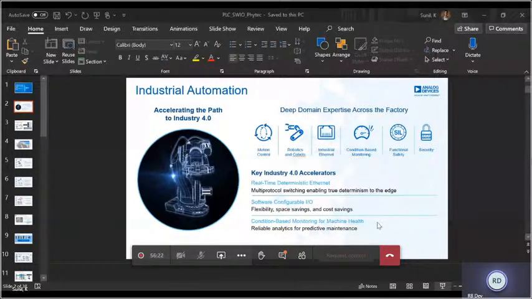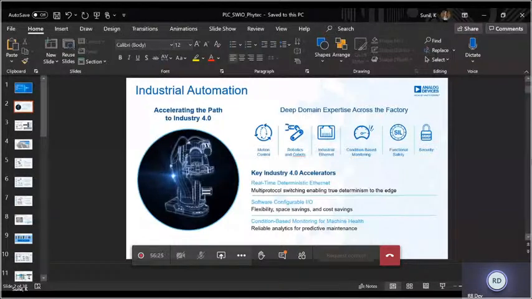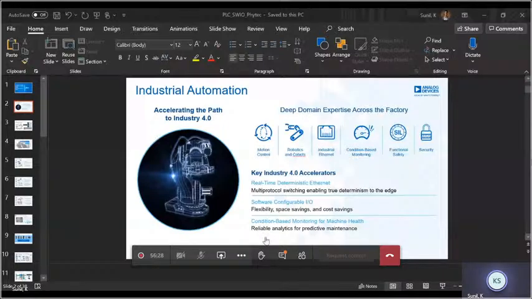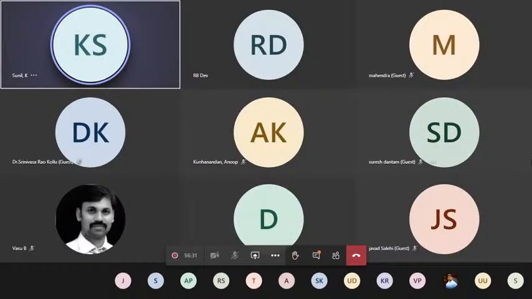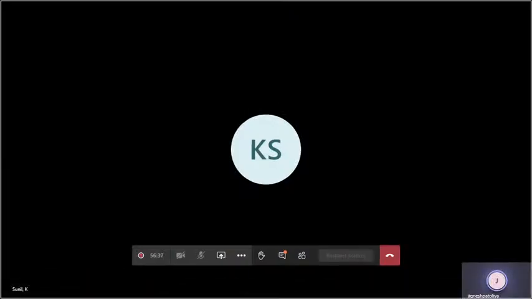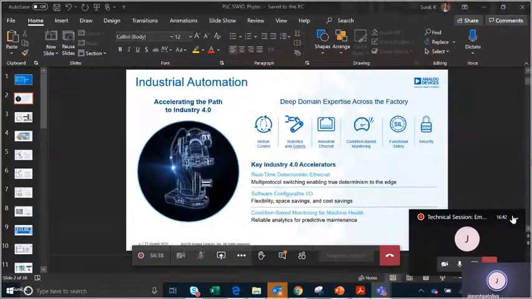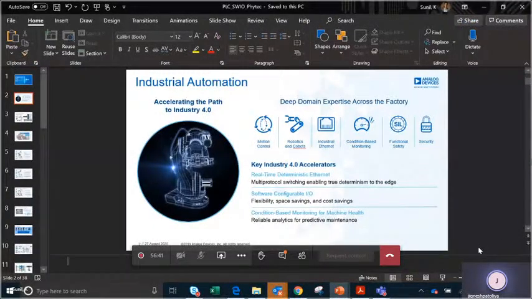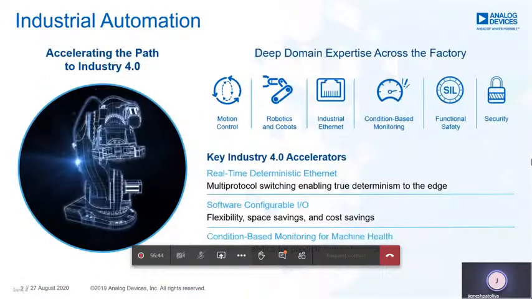Okay, I think I will have to share that again. Just hold on. Okay. Is this better? Still the same. Yes, now it is full screen.